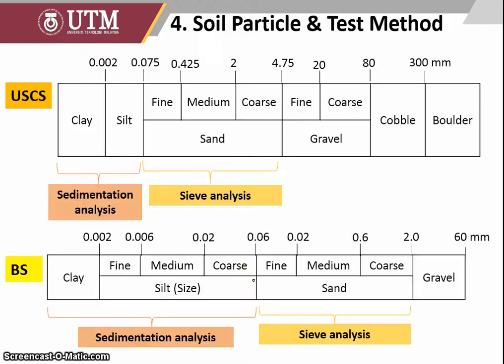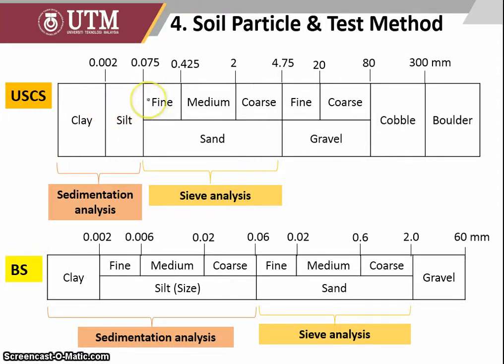And for the soil, the clear difference between them is how they draw a borderline between the coarser and the finer grain size of soil. For USCS, they opt for 0.075 mm to become their border. So anything lesser than 0.075 in size is considered a finer grain soil.